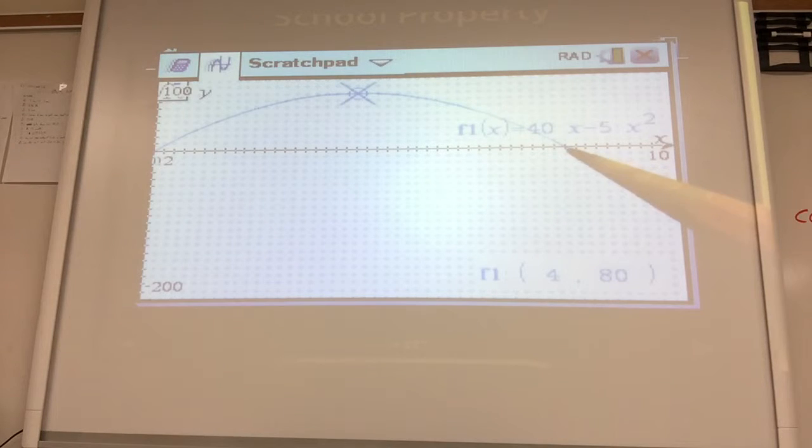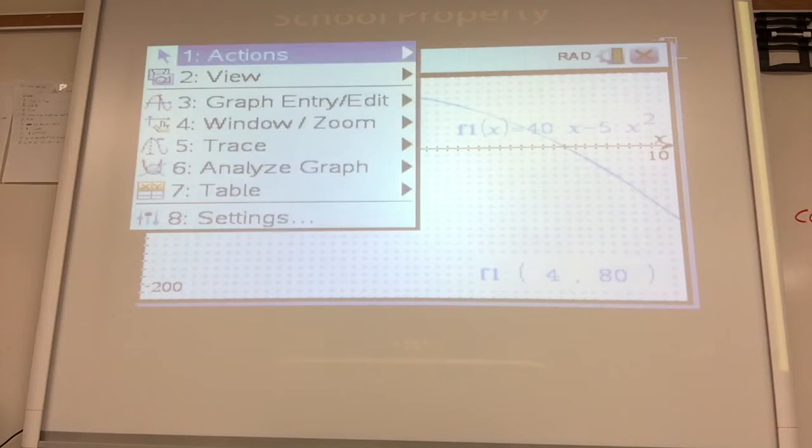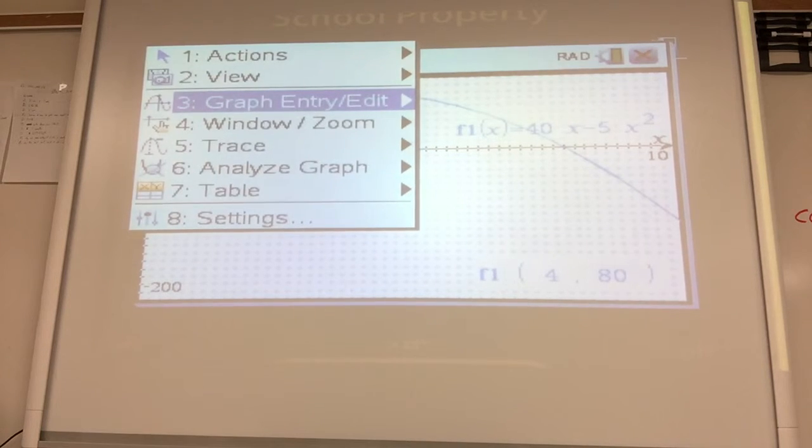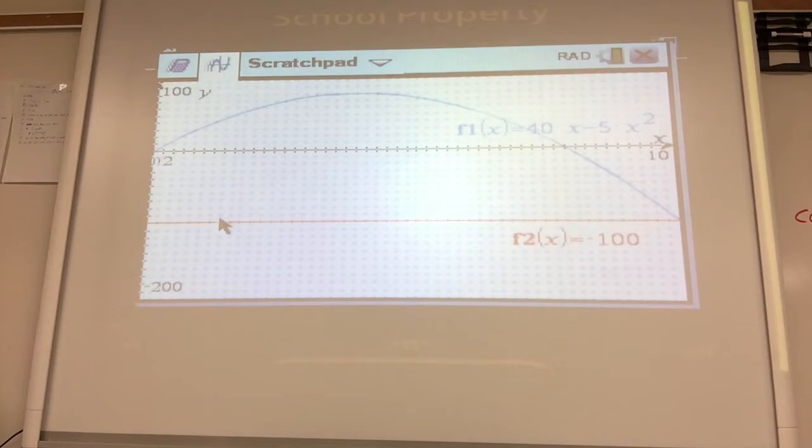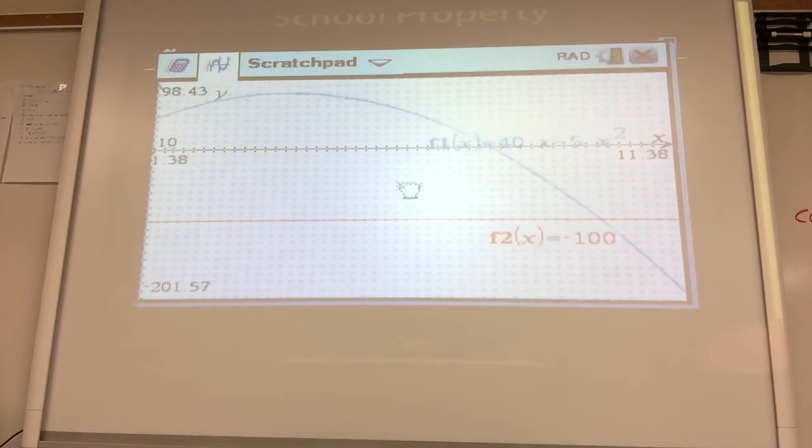So 100 meters below where I threw it from is going to be down here somewhere. So I'm going to create a line at negative 100. The intersection of my parabola and that line is going to be when it hits 100 below where I threw it from.